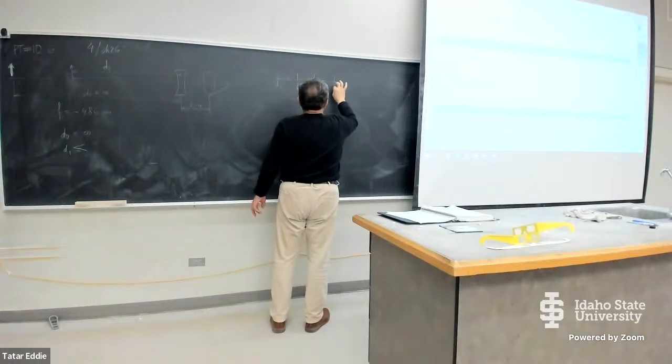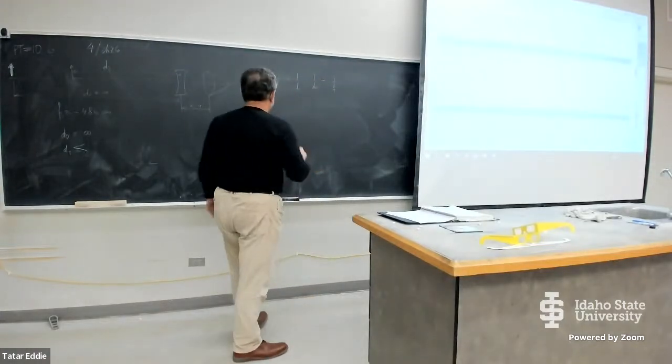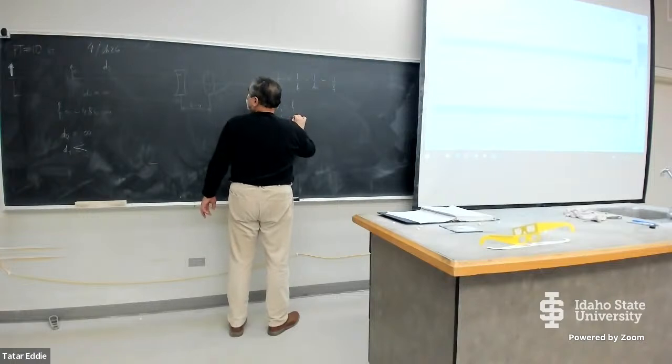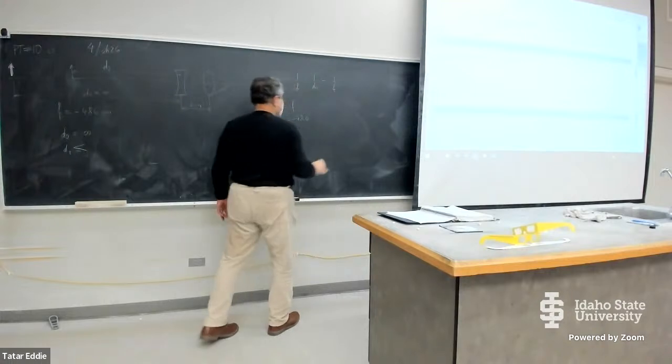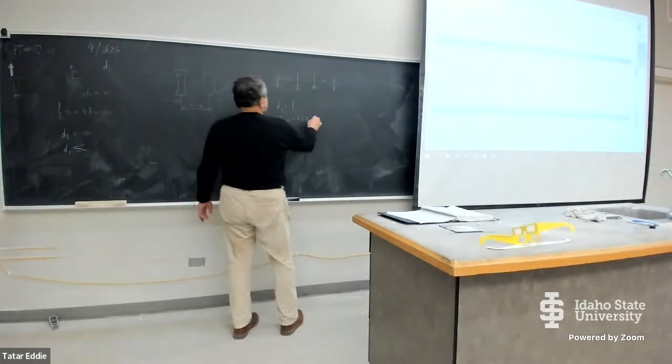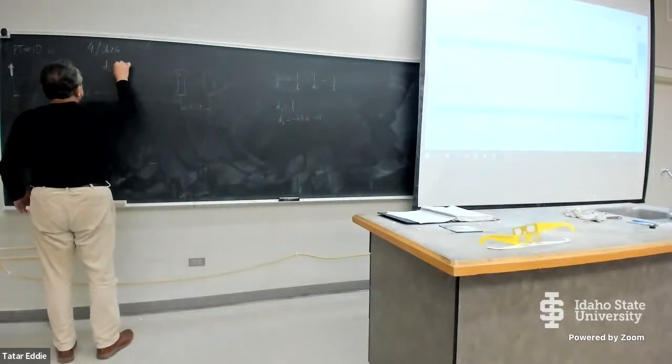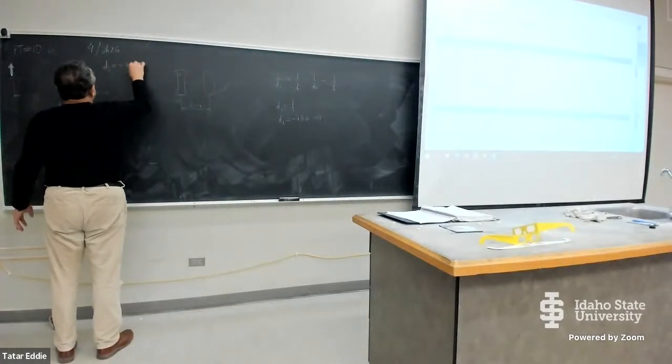So this is 1 over f, and therefore, DI is equal to f. In other words, DI for my version is equal to negative 486 centimeters.